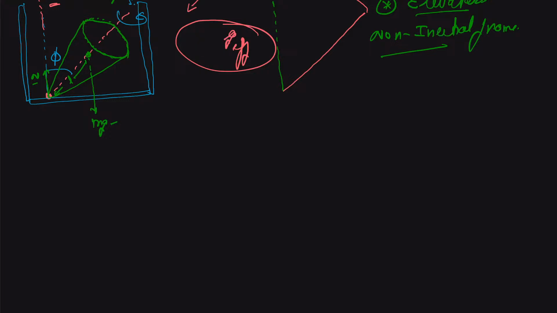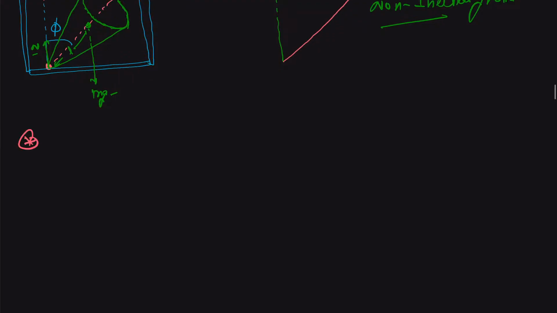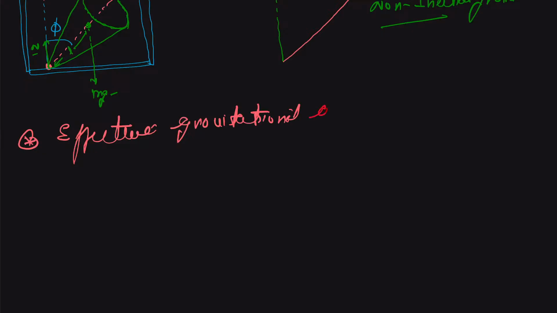So let us consider that we have the effective gravitational acceleration, or effective acceleration due to gravity, and let us call this g effective, and it acts at the center of mass.